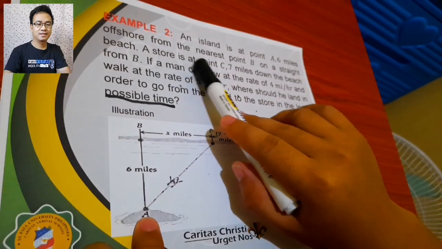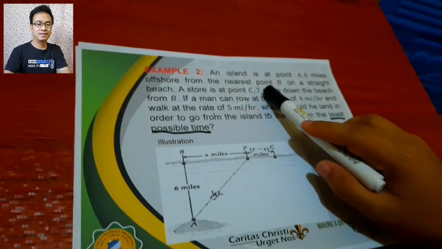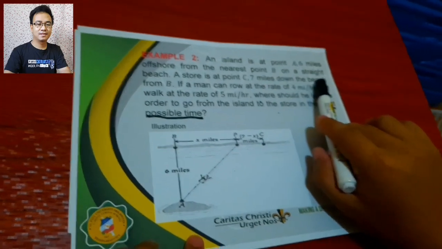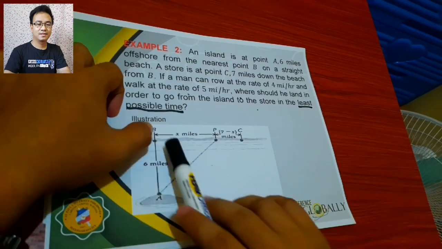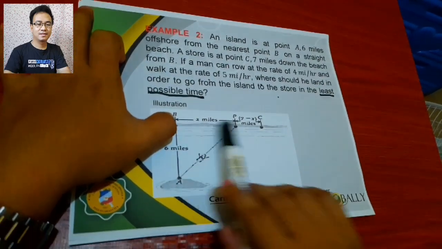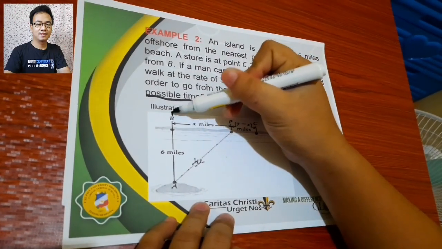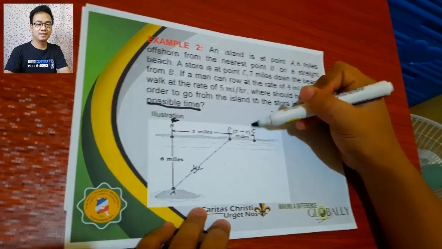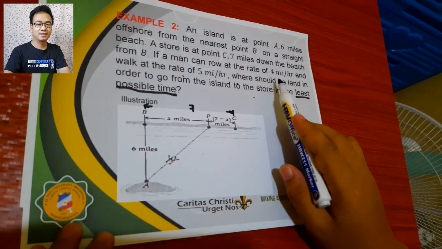A store is at point C. So this is point C, nandito yung store, which is 7 miles down the beach from point B. The length from B to C is 7 miles.